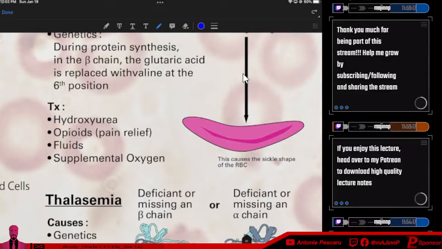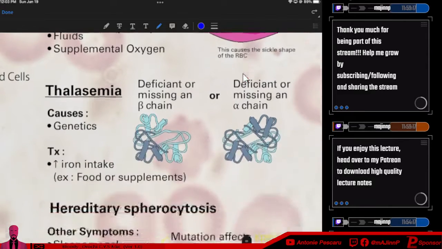Treatments for these include hydroxyurea and opioids for pain relief. These guys are in a lot of pain once you get a lot of occlusion going on. Fluids also help decrease the viscosity inside of the blood. And then finally, supplemental oxygen in worst-case scenarios.